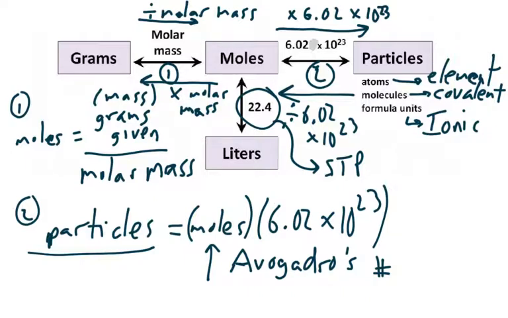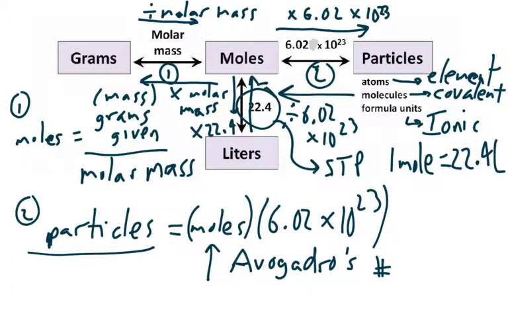And the conversion is that if you have 1 mole of any gas at STP, it occupies 22.4 liters. So if you're going from moles to liters, you're going to multiply by 22.4. And if you're going from liters back to moles, you'll end up dividing by 22.4.